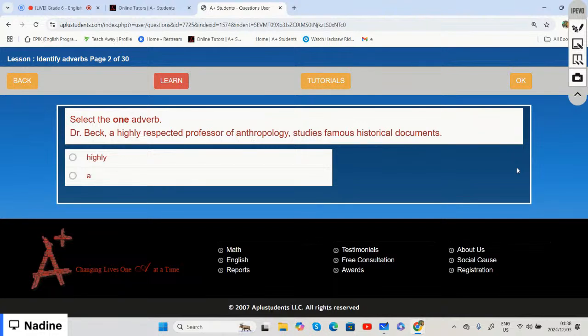And if we were to select the one word, only one word, is it option one, highly, or option two, a, which is our adverb? One word.